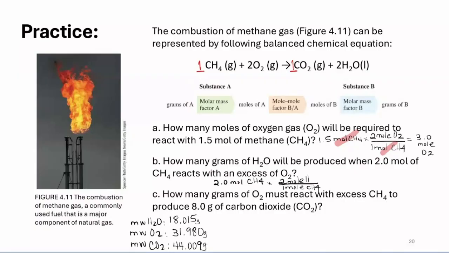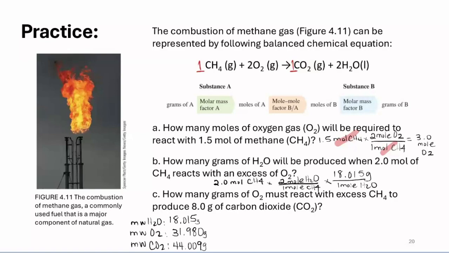moles of H2O. Because ultimately the question is not wanting moles, but grams of water, I'm going to use the molar mass of water, in this case substance B, in order to finalize the question. In the way that I'm going to write it in terms of dimensional analysis, because I want to cancel moles of water, I'm going to write 1 mole of H2O. I already pre-calculated the mass of H2O, which is 18.015 grams.